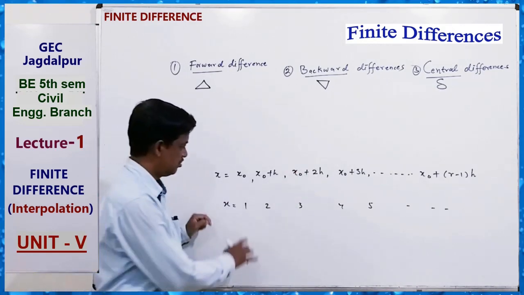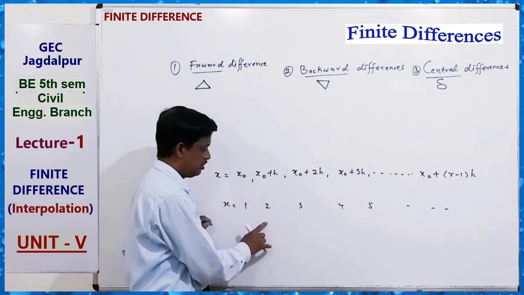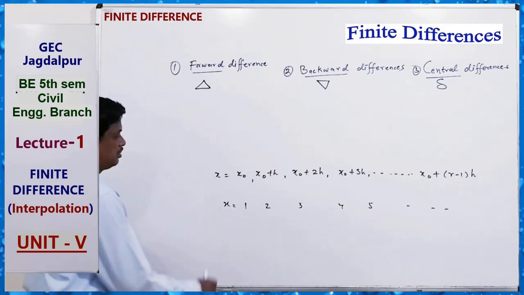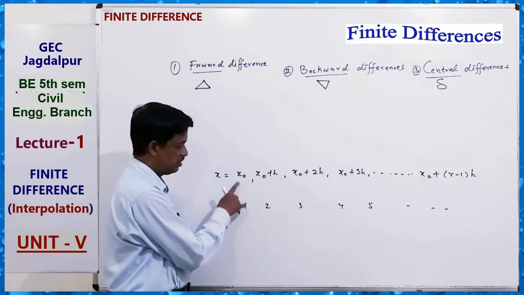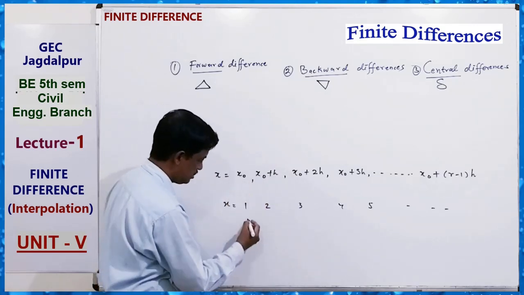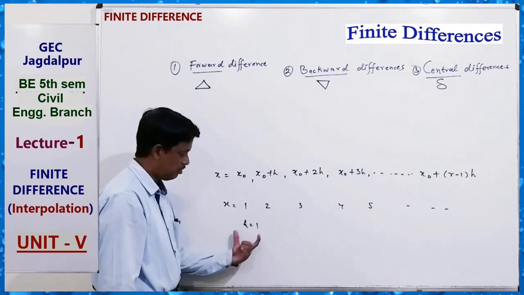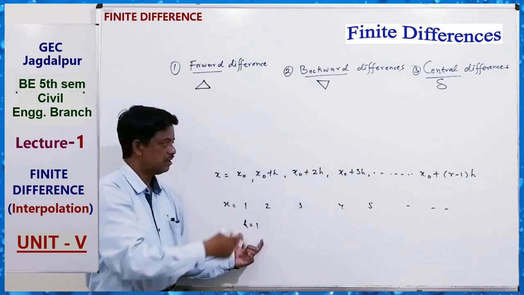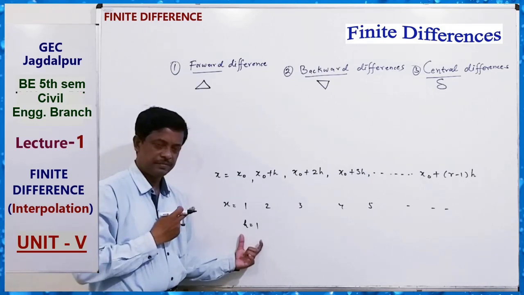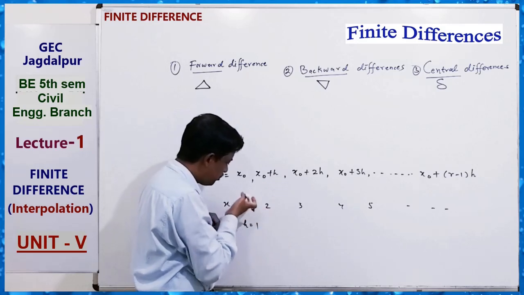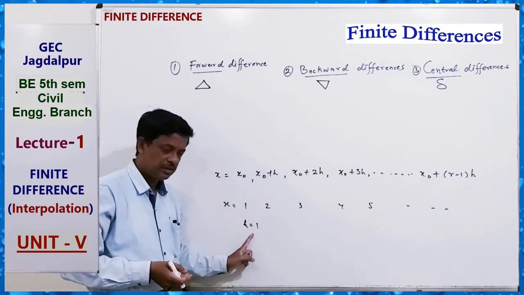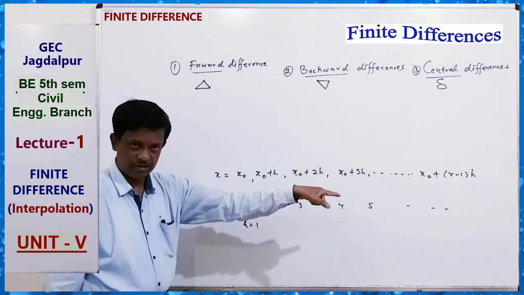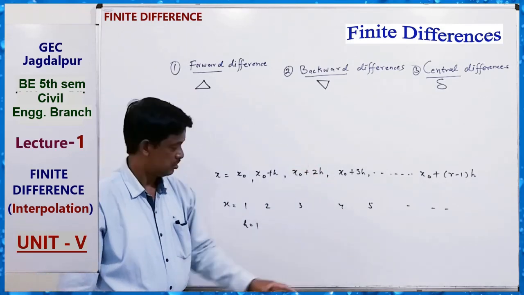If x0 equals 1, then h equals 1, because you can see 1 plus 1 is 2, 1 plus 2 into 1 is 3, 1 plus 3 into 1 is 4, so h equals 1.